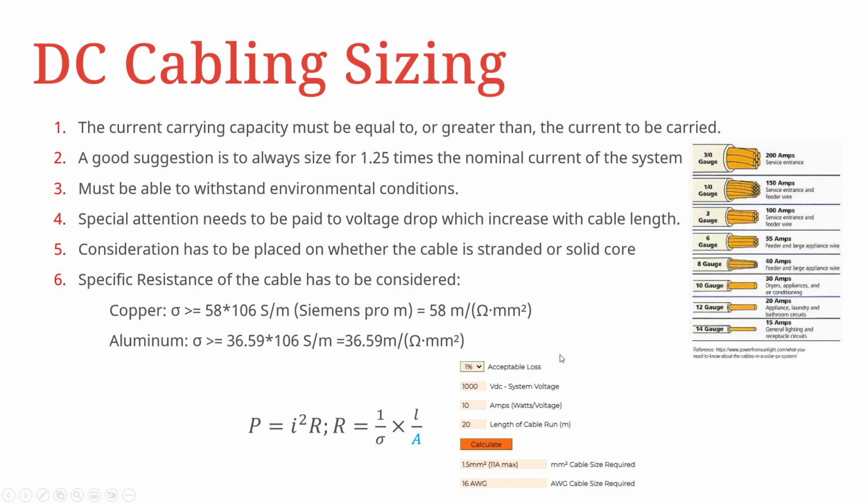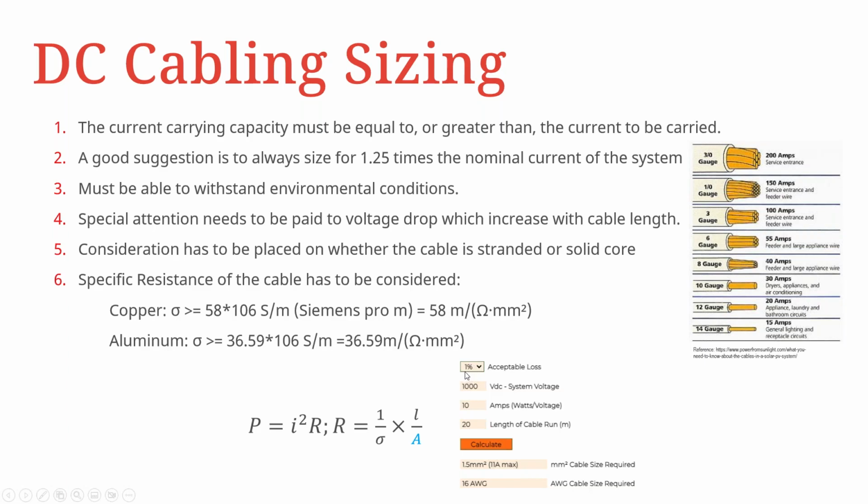Also, in addition, there is what we call acceptable loss for a particular system, because so long as you're using cables and they're going a particular distance, there's going to be voltage drop across the length of the cable. So there are software tools you can use to calculate this. All you need to do is to input the necessary data, and then it will come up with the acceptable loss.